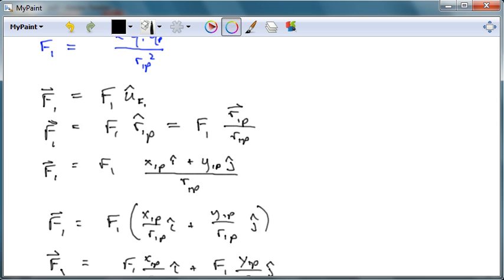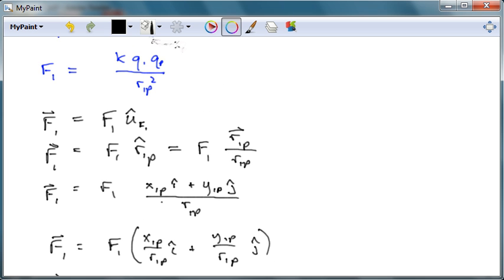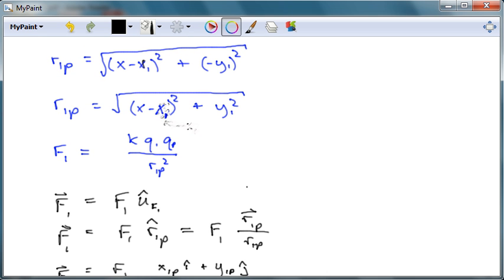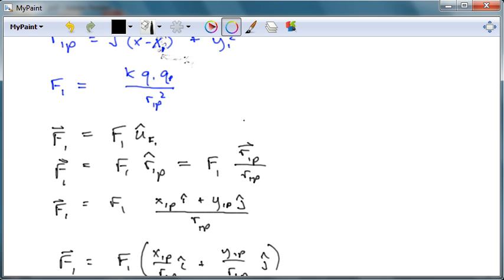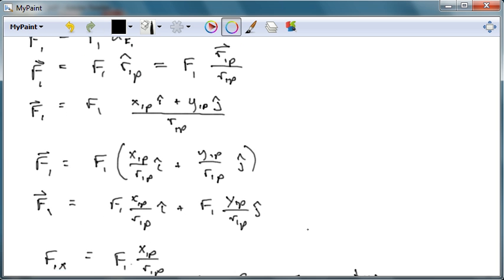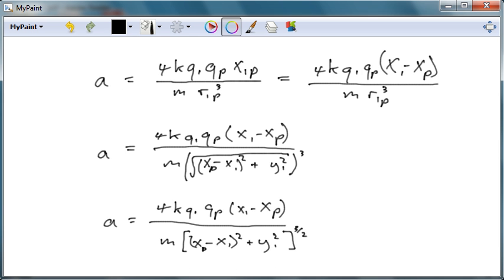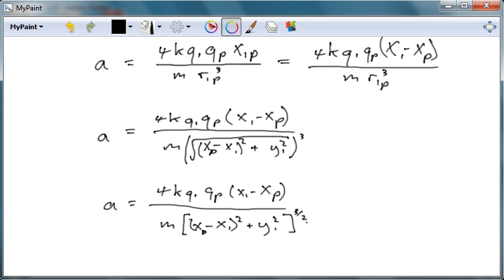So it's interesting. I'm using it right there. Let me, that's wrong thinking. No, xp minus x1. There we go.